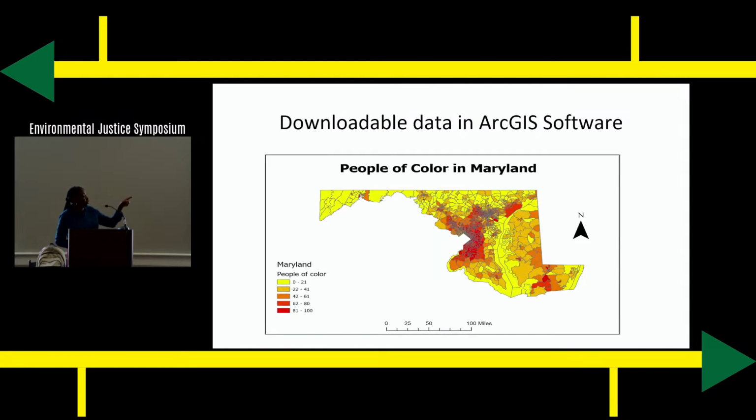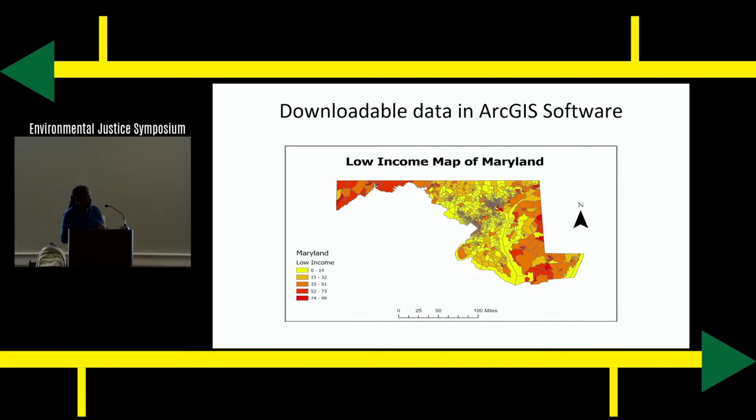So what I tried to do was show what the data looks like when you download it in ArcGIS Pro. It's software where you can download this data and create maps from the data. So this is what it looks like in an ArcGIS Pro map. The same thing, people of color, low income, Maryland, from ArcGIS Pro. Is that open source? No, this is our software. So we download the data in the software.